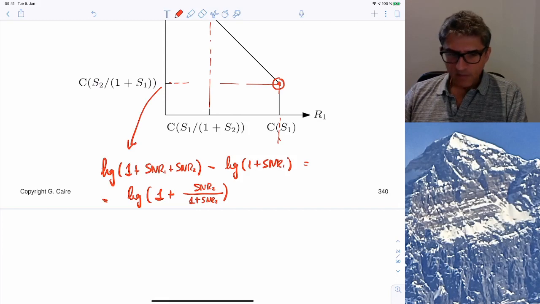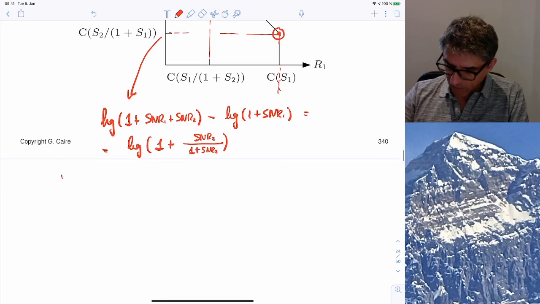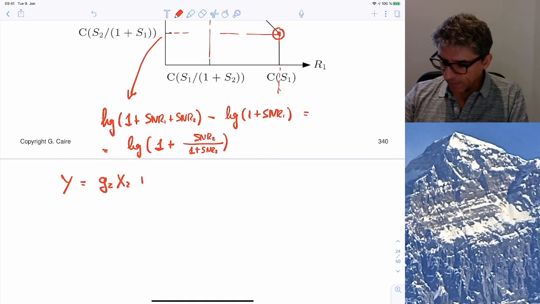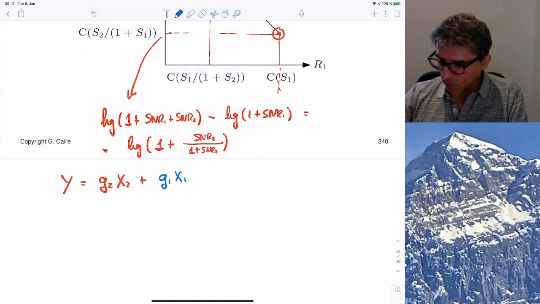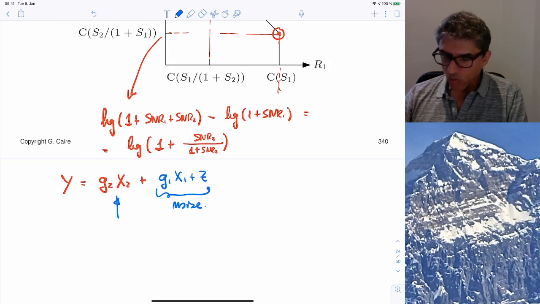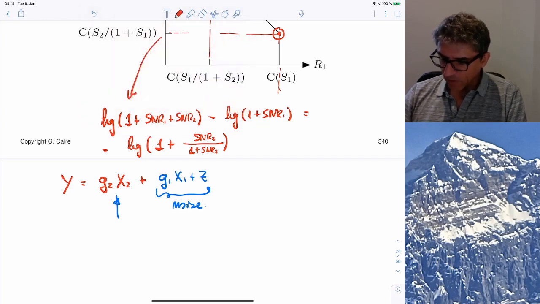So this formula has a very nice interpretation. What happens if we consider the output and then we take G1 X1 plus Z as if it was noise? So we decode user 2 by treating user 1 as additional noise. Well, we can operate at the capacity of this new Gaussian channel. This is a single user Gaussian channel.